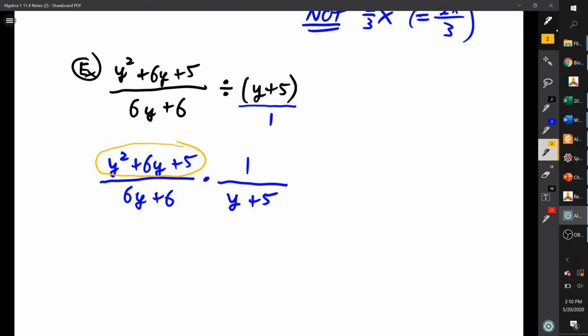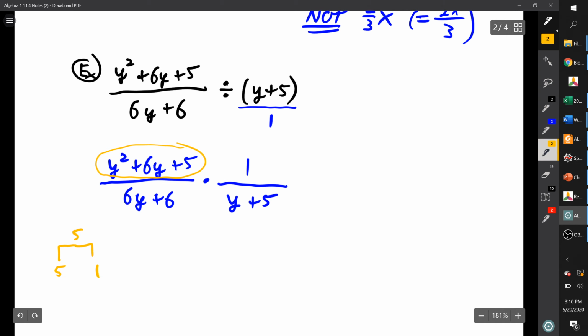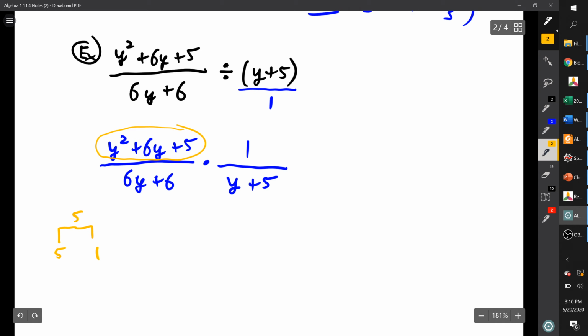I have a 1y squared, so I'm going to look for two numbers that multiply to be 5 and add to be 6. Well, 5 and 1 multiply to be 5 and add to be 6. So that tells me this top part factors to be y plus 5 times y plus 1. Okay, great.